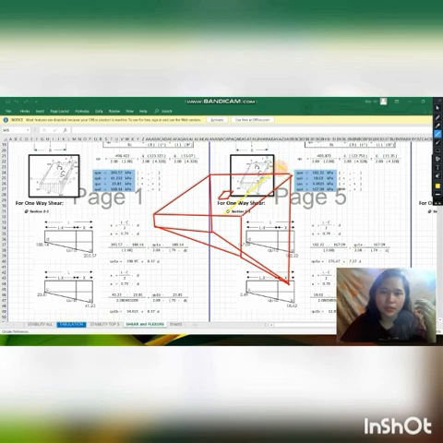So this is X and this is L minus X. This is our one-way shear parallel to B. So projecting downwards, we have QUA here, Q1UA, and this one is QU1B.